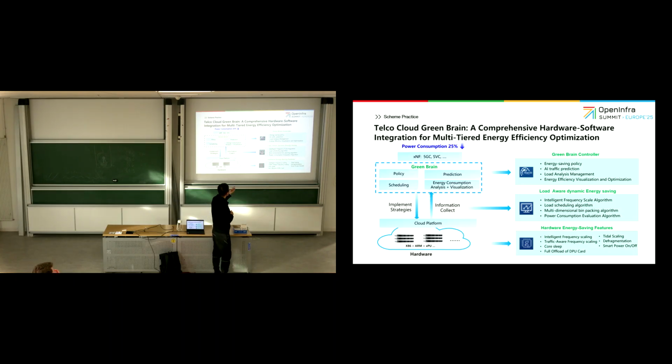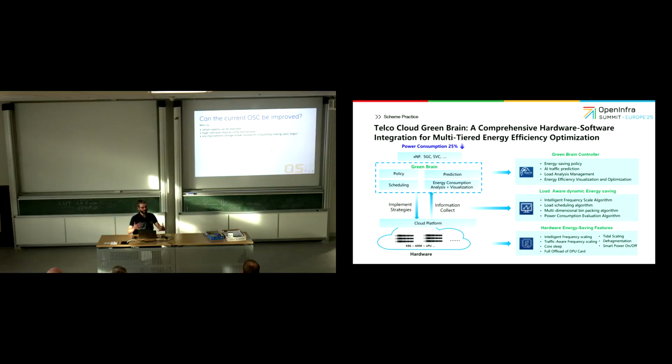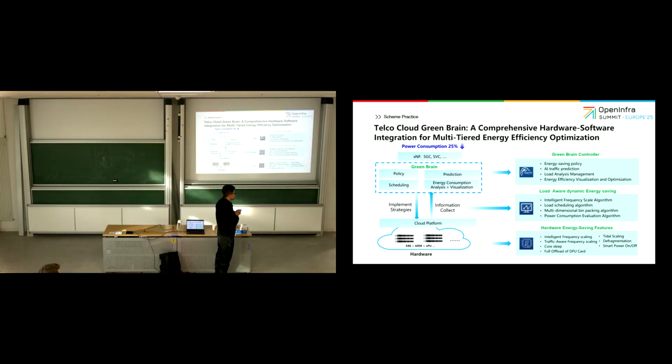So you can change the frequency. You can reload or reschedule with this, or you can evaluate the power used by that specific node or hardware. Then you can change its mode.